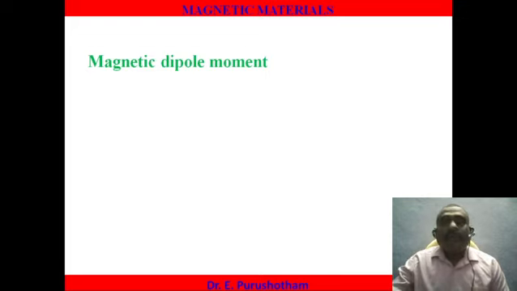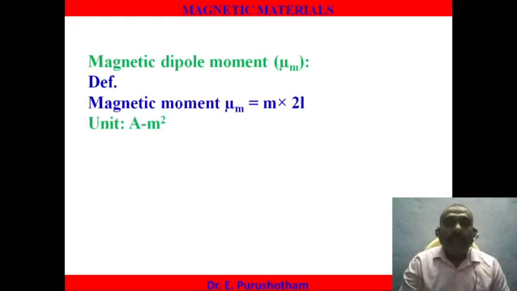So what is magnetic dipole moment? It is represented by mu m. The magnetic dipole moment, or magnetic moment, is mu m equals m into 2L, where 2L is the distance between the south and north poles.